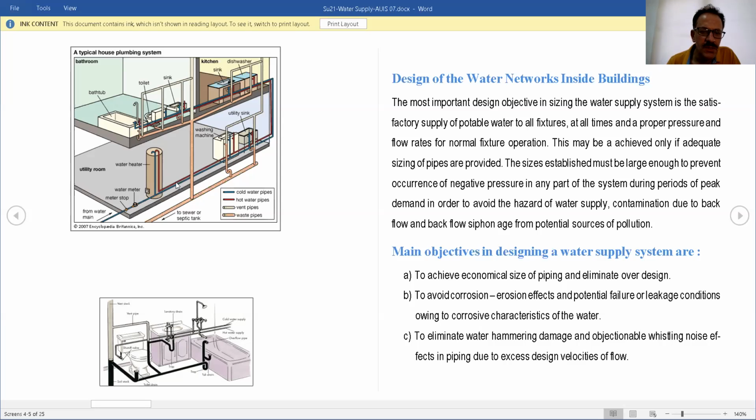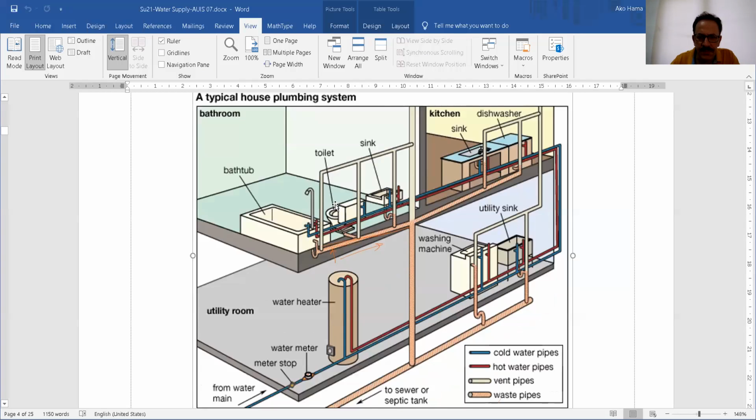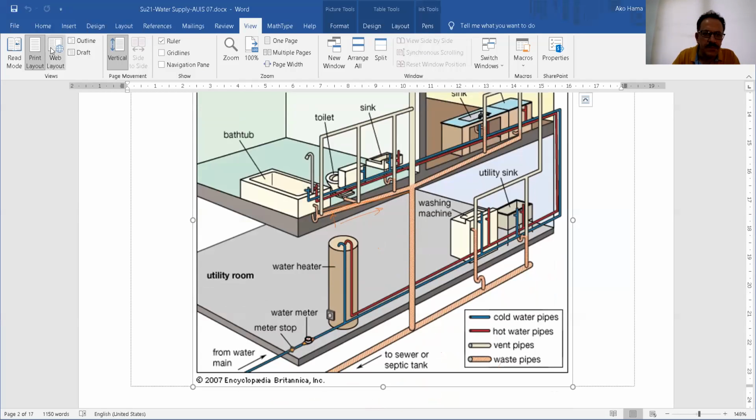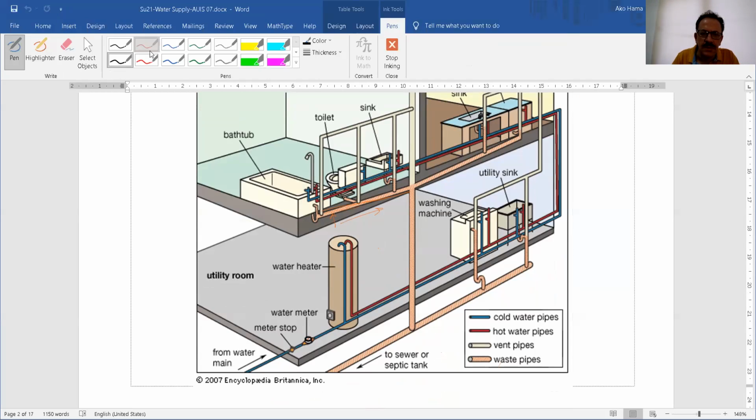The blue one supplies each point. Unless it's not required, like for the toilet, we don't need hot water. For the others, we need hot and cold water. You can see this is the hot water.